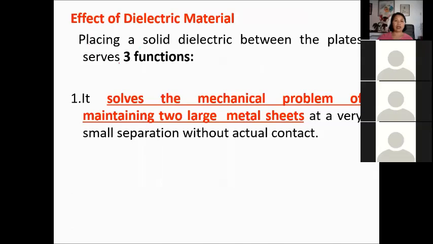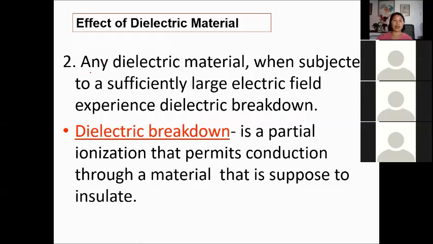Okay, so next, what are the effect of dielectric material? What are the functions? Bakit ilagay ang dielectric material between two conducting metal plates? So first is to solve the mechanical problem of maintaining two large metal shields at a given small separation without actual contact. Second, any dielectric material, when subjected to a sufficiently large electric field, experience breakdown or dielectric breakdown.